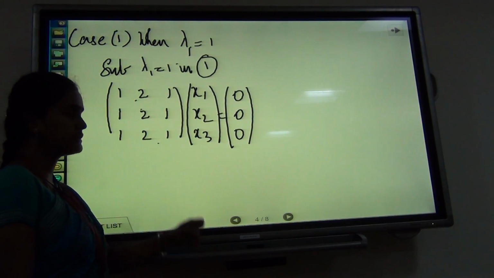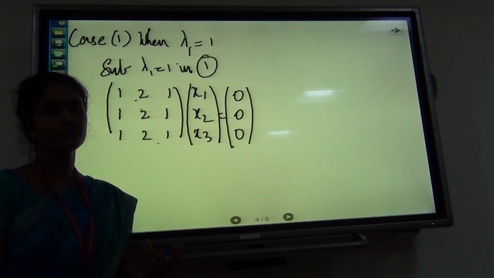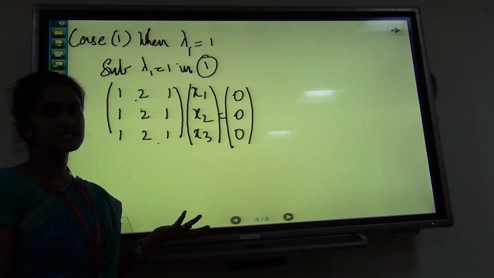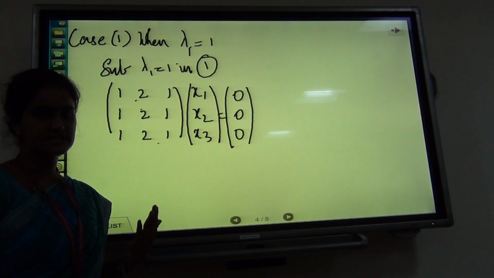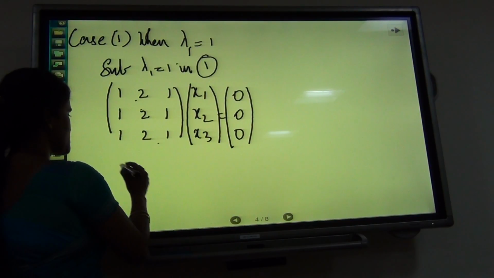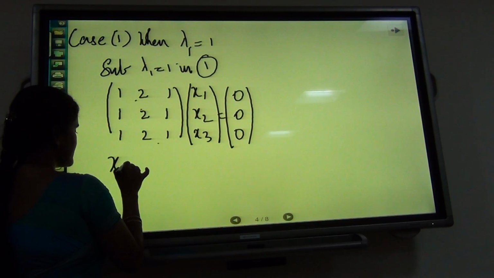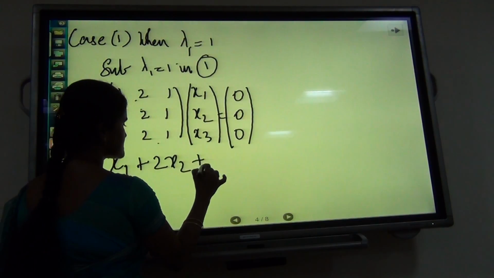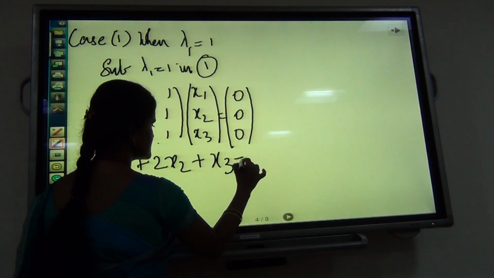So putting it in equation form, all the 3 equations will be identical. If all the 3 equations are same, we can write that as one equation. So I am going to write it as x1 plus 2x2 plus x3 is equal to 0.